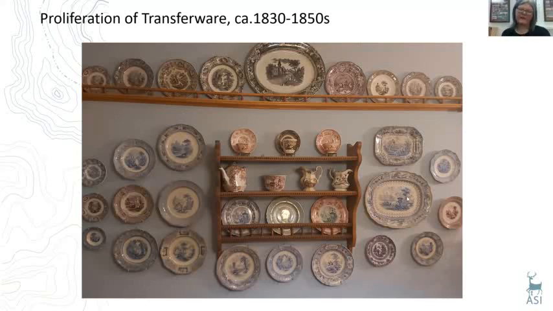So if you have a piece of transferware that looks pretty white, yeah, it could be an RWE, refined white earthenware, but if the transferware is a teal color or maybe a navy blue color, you can say with a pretty high degree of confidence that that's going to be a later ceramic.